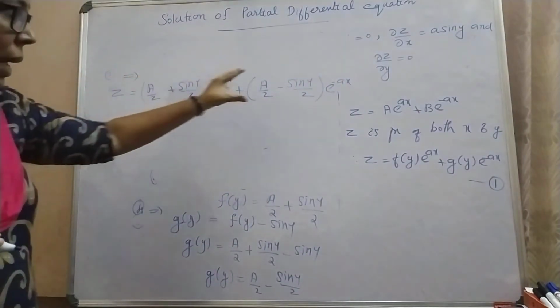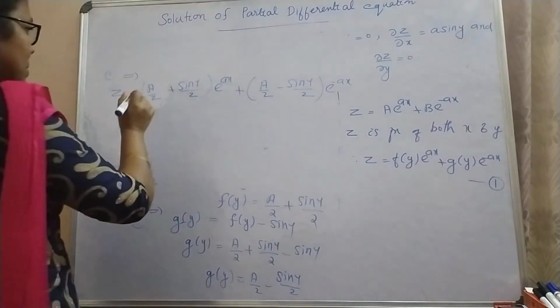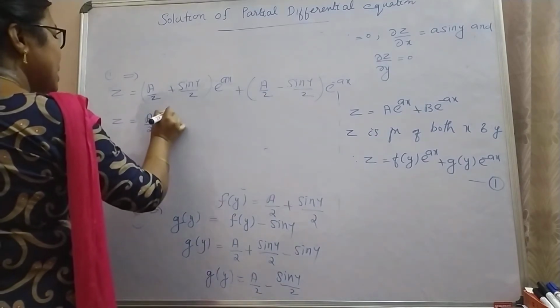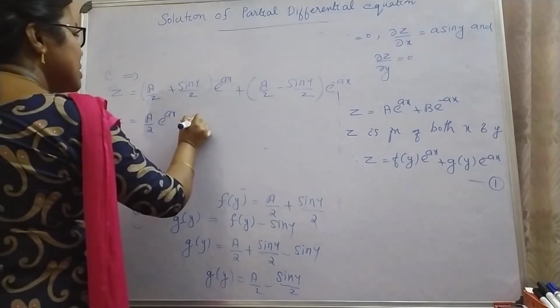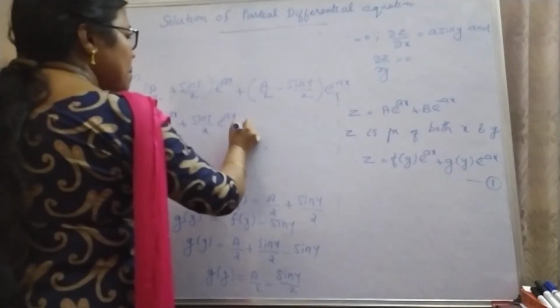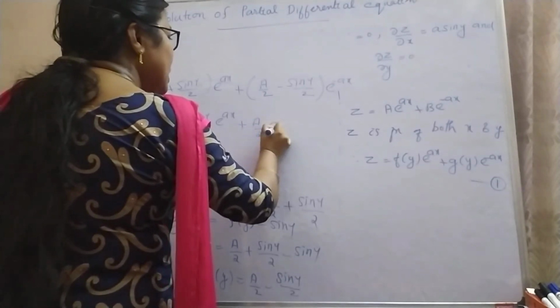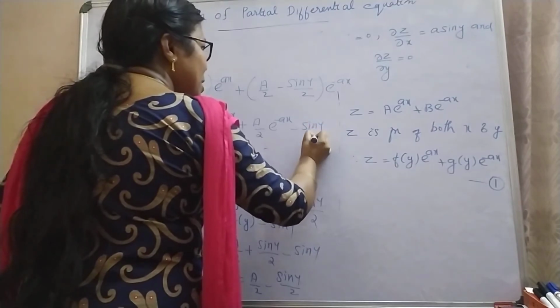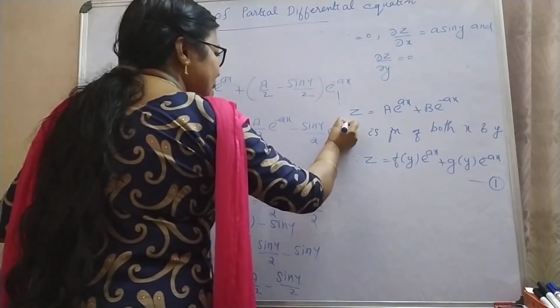By opening the brackets, we get 4 terms: z = a/2 e^(ax) + sin y/2 e^(ax) + a/2 e^(−ax) − sin y/2 e^(−ax).